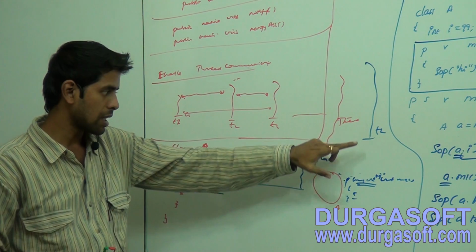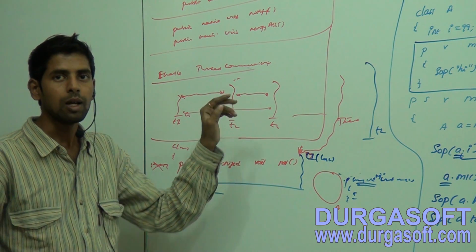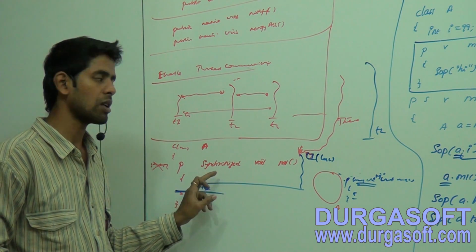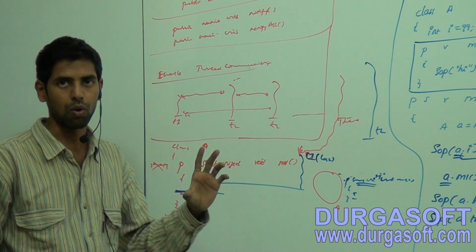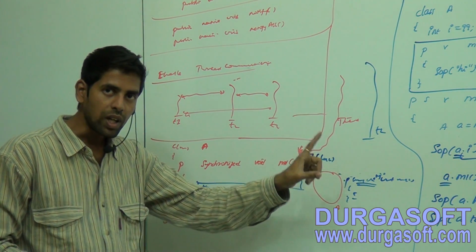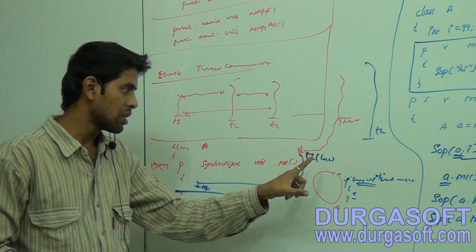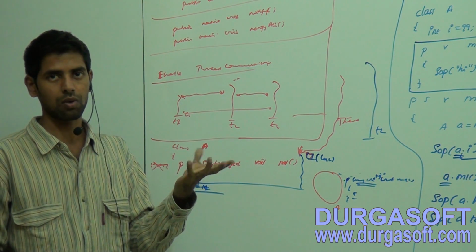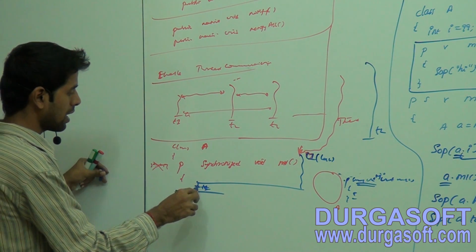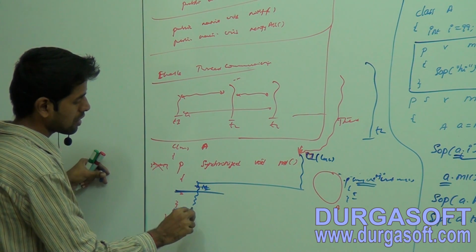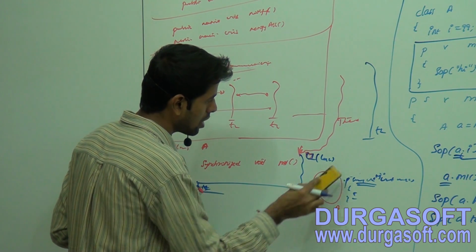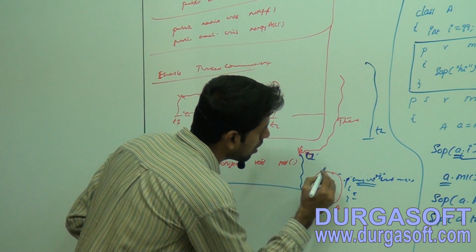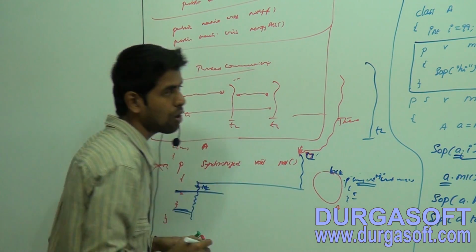Now T2 has come. It wants to execute the m1 method, which is a synchronized method. Can it execute now? No. This T2 has to wait until T1 reaches this part and releases the lock. Think that T1 has completed the execution and released the lock, and that lock is available with the object.